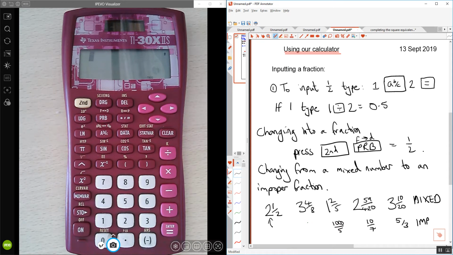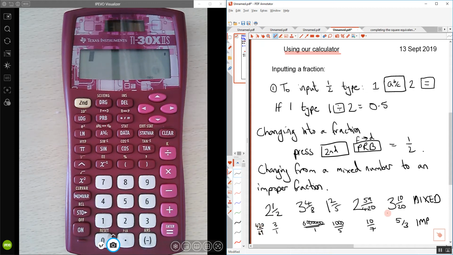Ryan. 6 million over 1. Okay, that technically is an improper fraction, yep. Peter? 3 over 1. Tyler? 420 over 69. Okay.